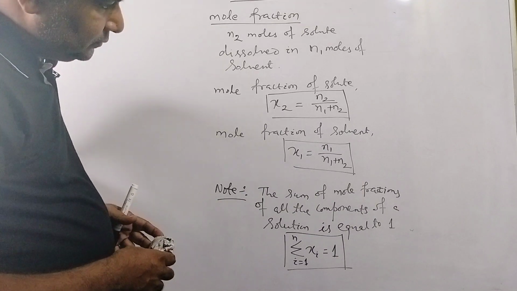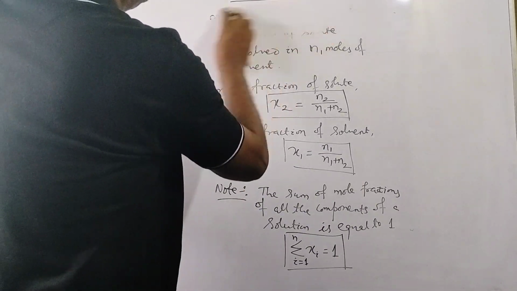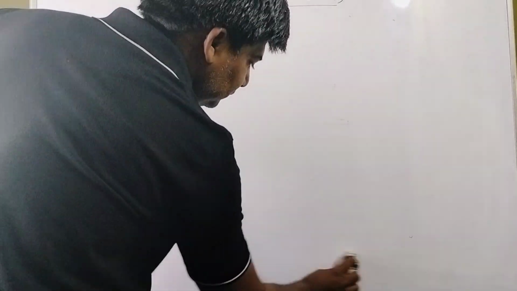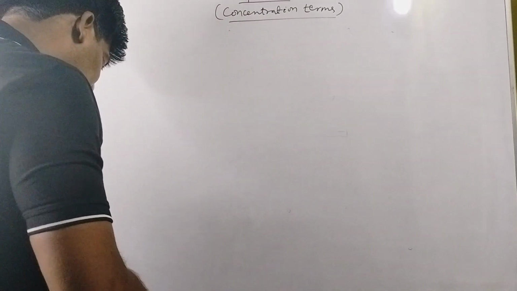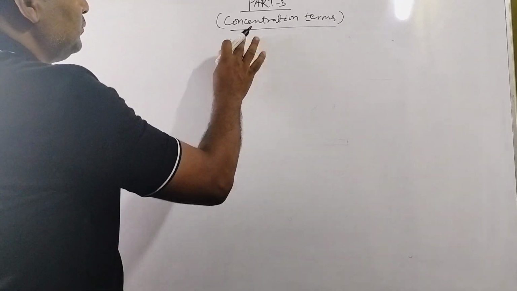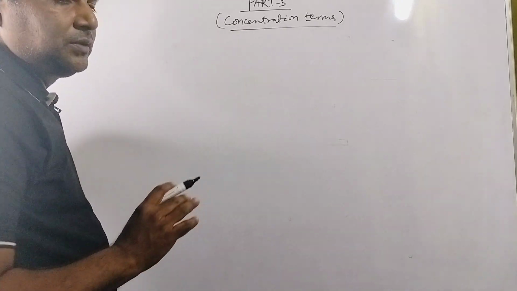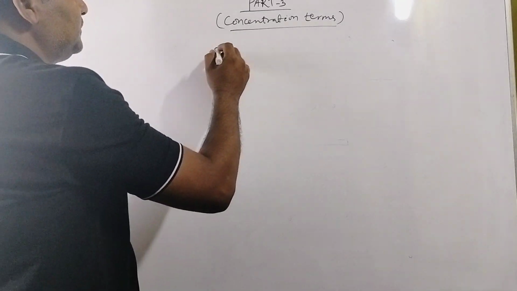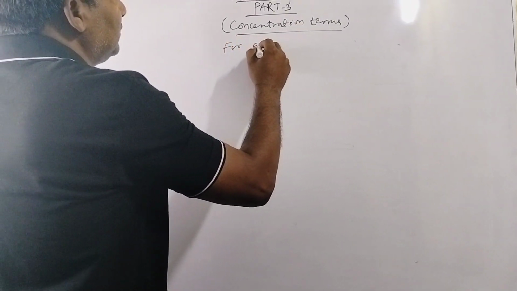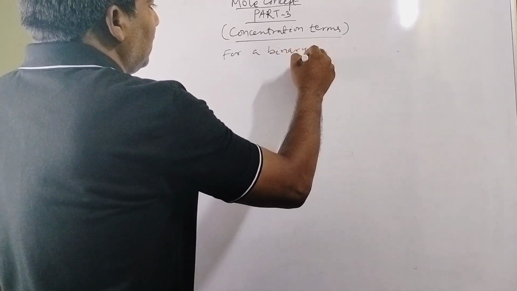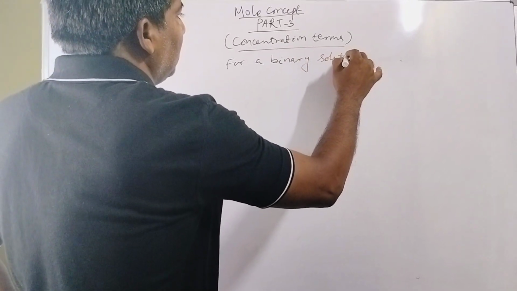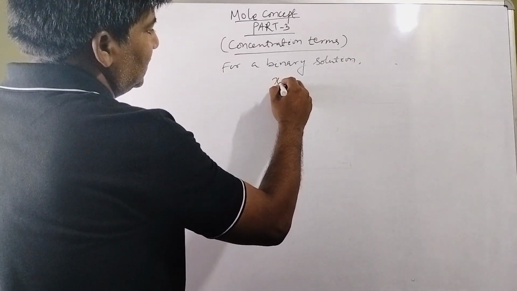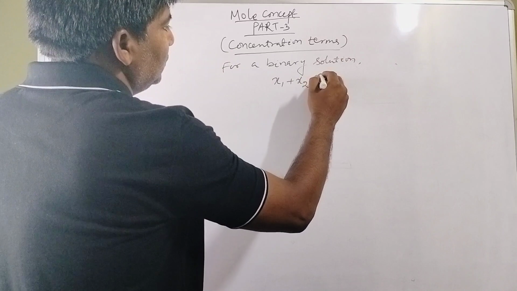Next one, for a binary solution, what is the relationship? Binary solution means a solution having two components, that is one solute and one solvent. So for a binary solution, sum of mole fractions, that is x1 plus x2, is equal to 1.